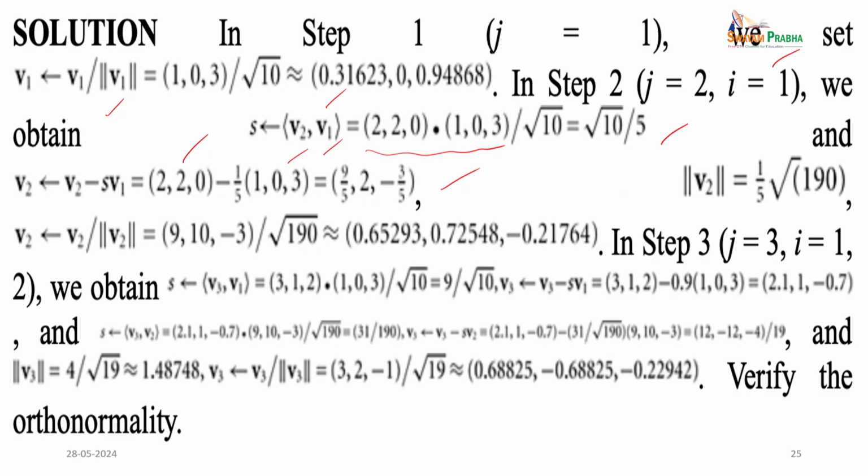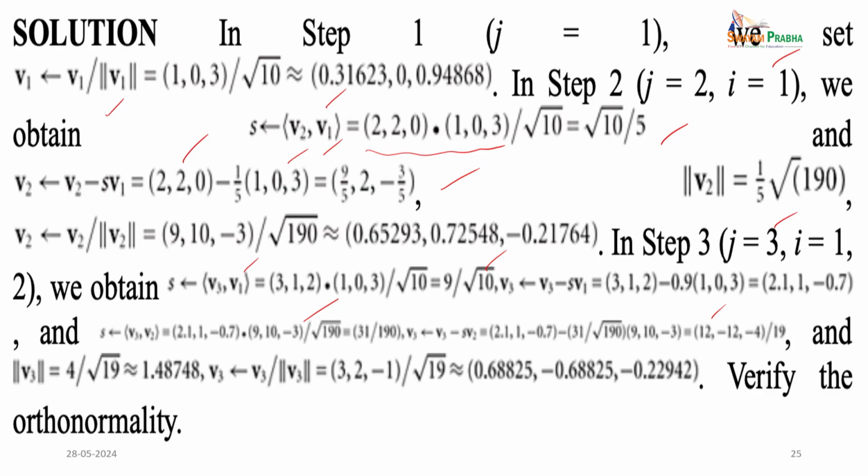Now, step 3: take j equal to 3 and i equal to 1. We obtain S maps to the inner product of V3 comma V1, which is 3 comma 1 comma 2 dotted with 1 0 3, giving 9 by root 10. Then V3 is V3 minus S V1, and then S maps to the inner product of V3 comma V2, so that we have the values, and V3 is V3 minus S V2.